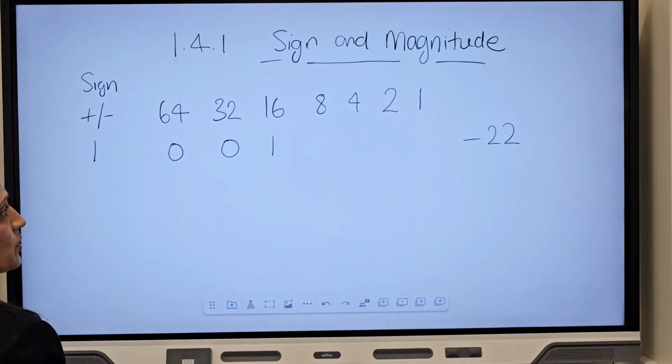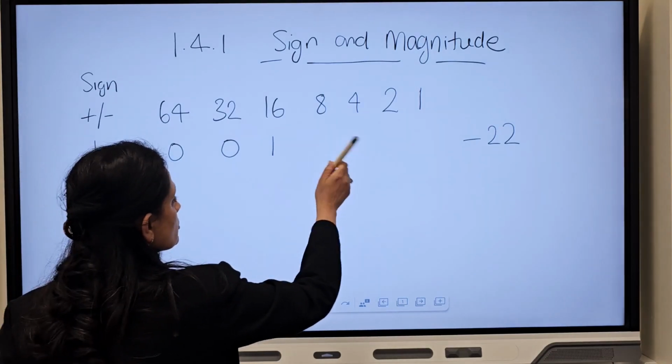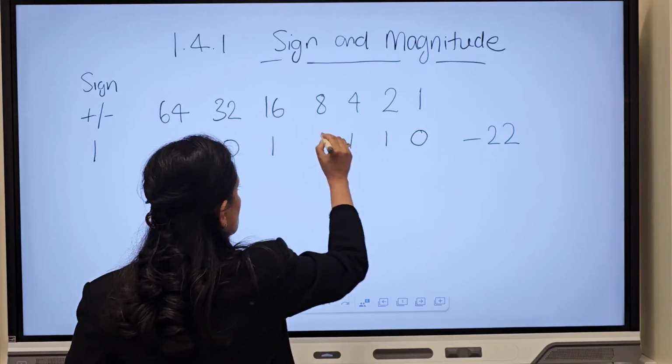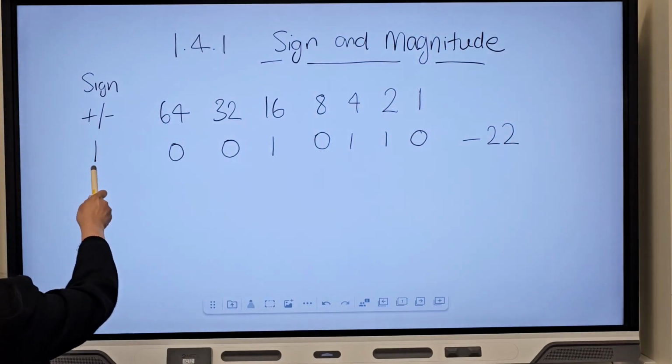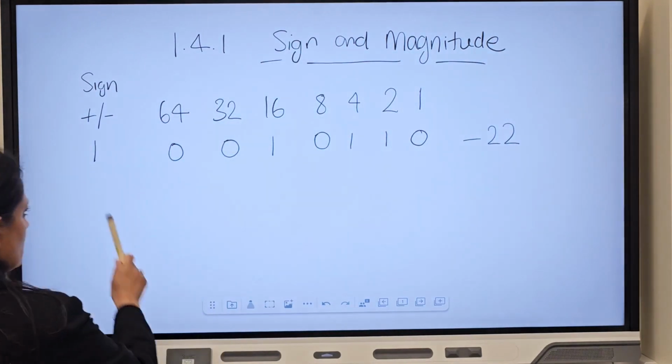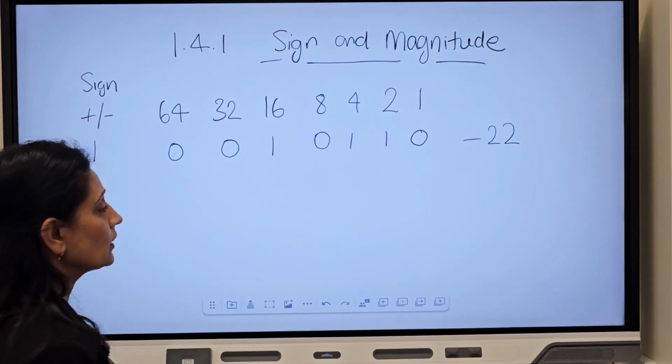That leaves a difference of 6, which we can make up with a 4 and a 2. So 16 plus 4 is 20, plus the 2 is 22. Minus 22.